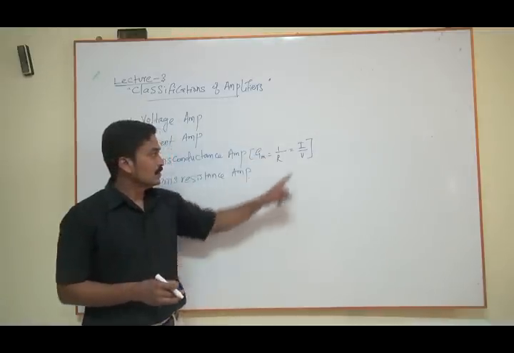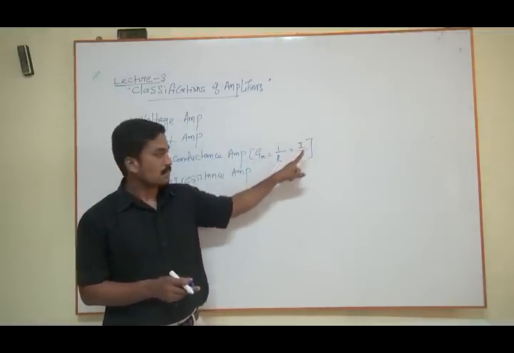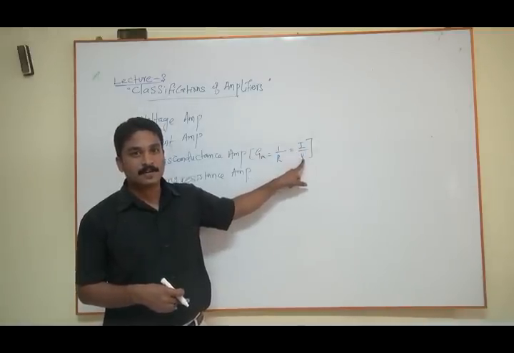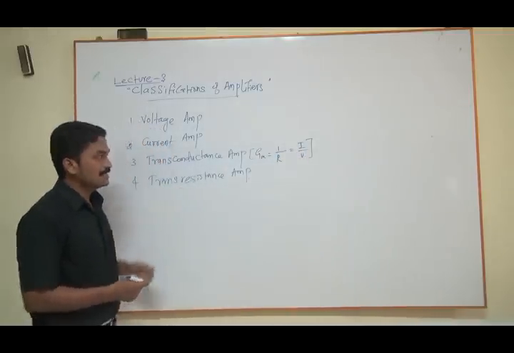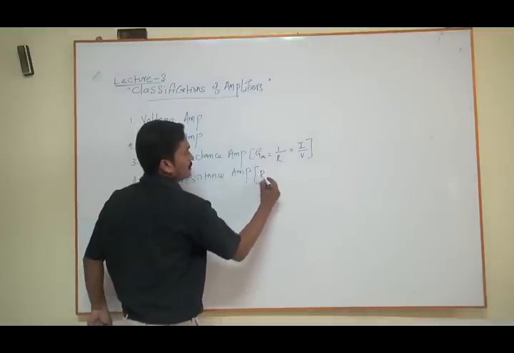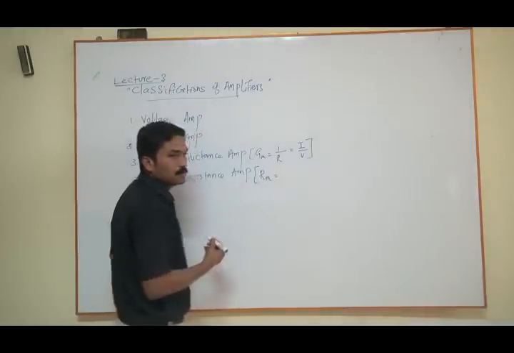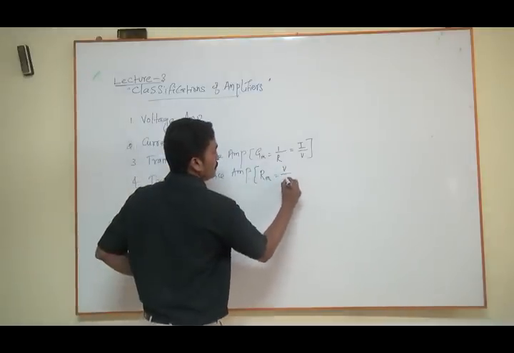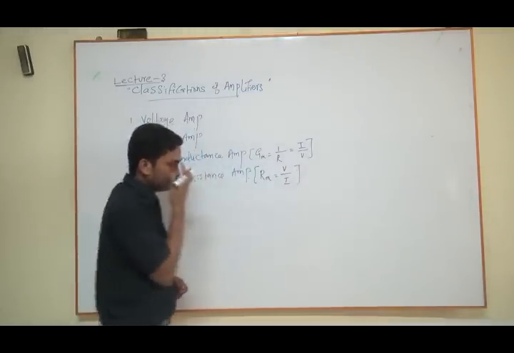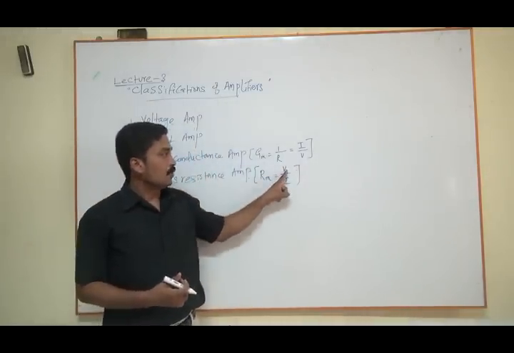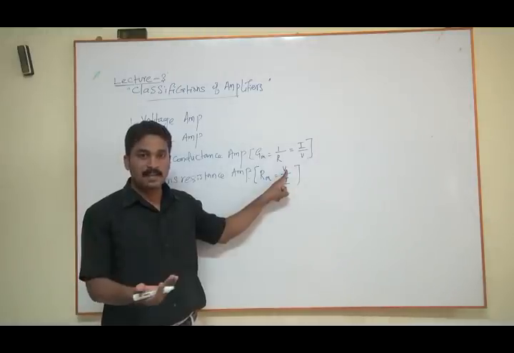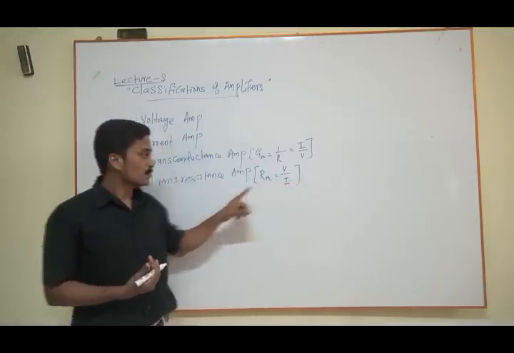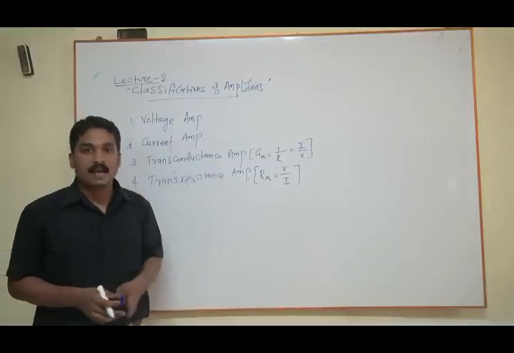It shows that your output current varies with respect to the input voltage. Clear? And transresistance is represented by Rm, where normal resistance R is equal to V/I. It shows that your output voltage varies with respect to the input current variation. So that is what is called a transresistance amplifier.